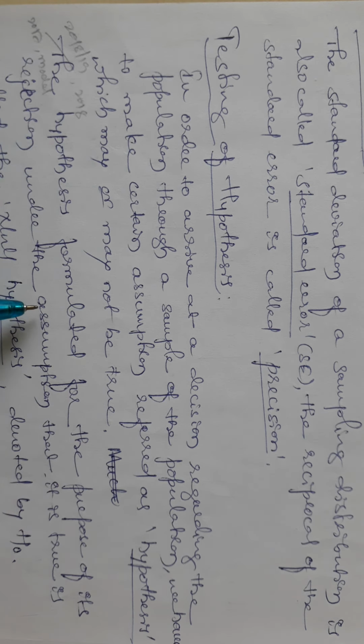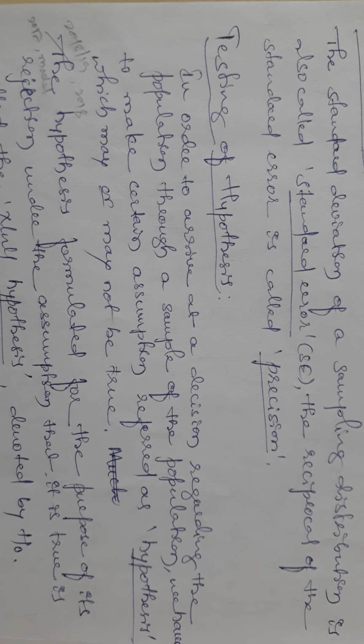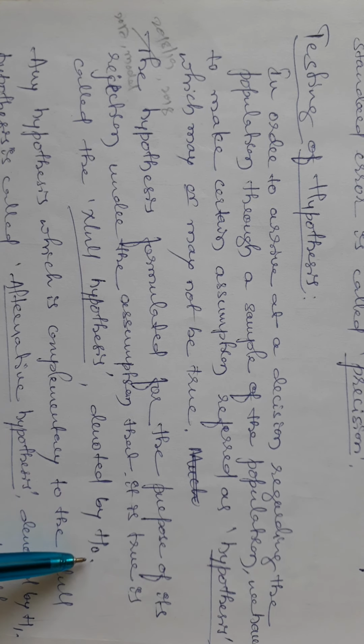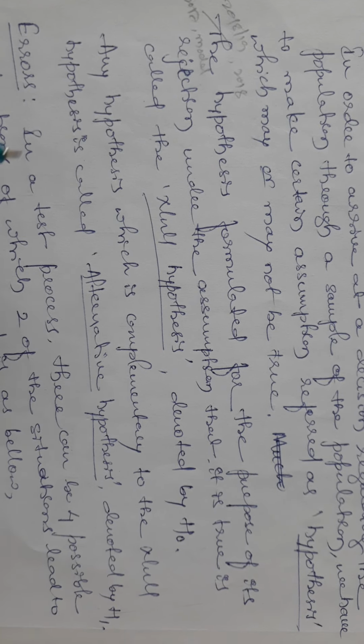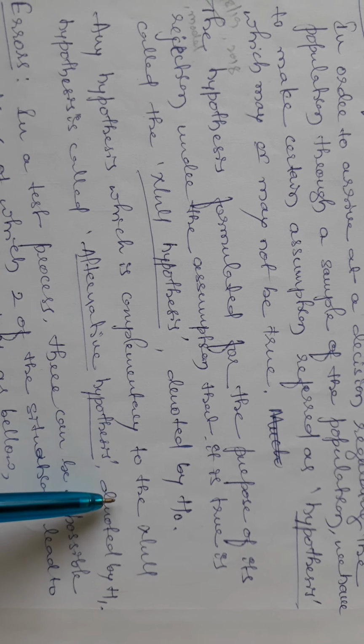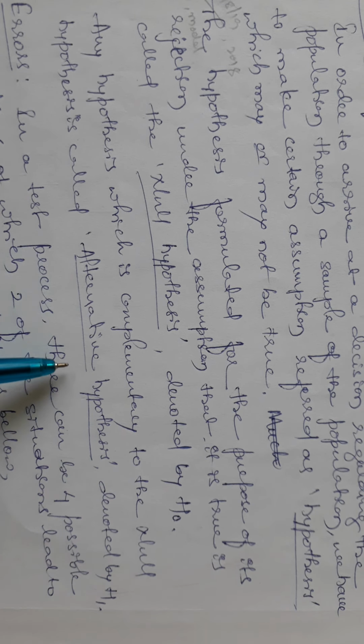The hypothesis formulated for the purpose of its rejection under the assumption that it is true is called the null hypothesis, denoted by H0. Any hypothesis which is complementary to the null hypothesis is called the alternative hypothesis, denoted by H1.